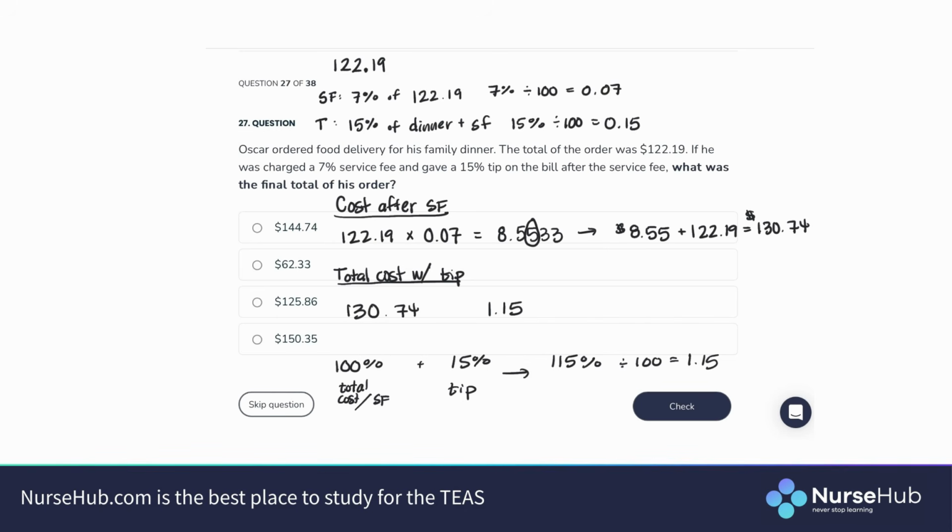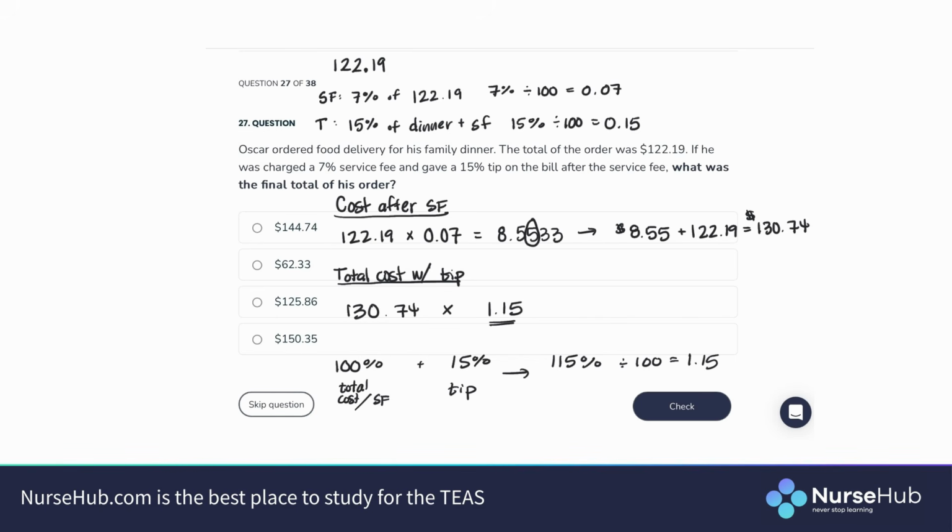Is our answer going to be larger or smaller than $130? Larger. Is my number right here, 1.15, going to be larger or smaller? Is it larger or smaller than 1? It's larger. So multiplying by a number greater than 1 gives us a larger number.